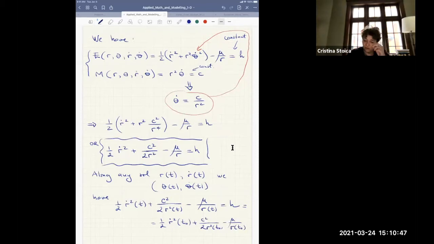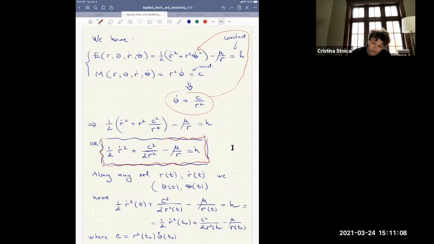So along any solution, it stays constant. Where c is r squared at t0 times theta dot at t0. That's what this relation tells me.